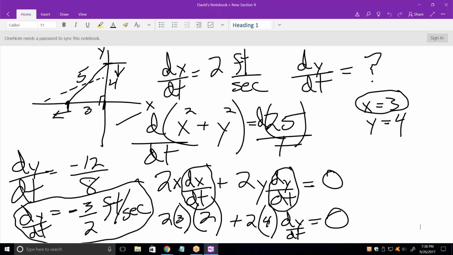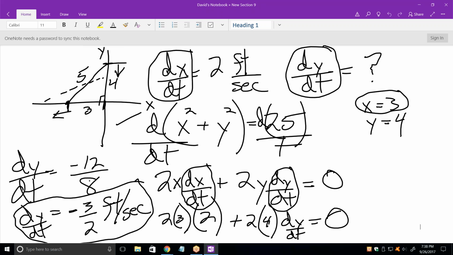And the reason is because they gave me dx/dt, and they wanted dy/dt. Clearly, we have to differentiate with respect to time. It wouldn't do me any good to differentiate this with respect to x or with respect to y. I have to differentiate it with respect to time because that's the information they gave us.